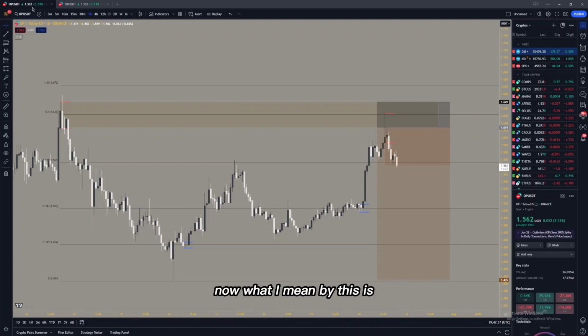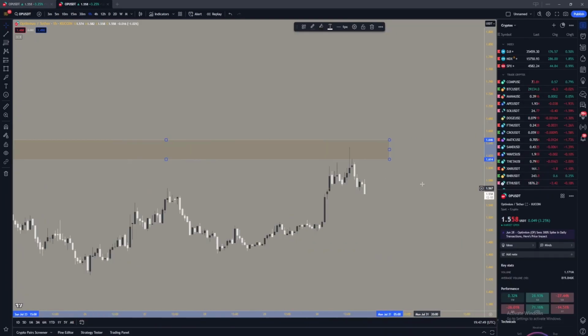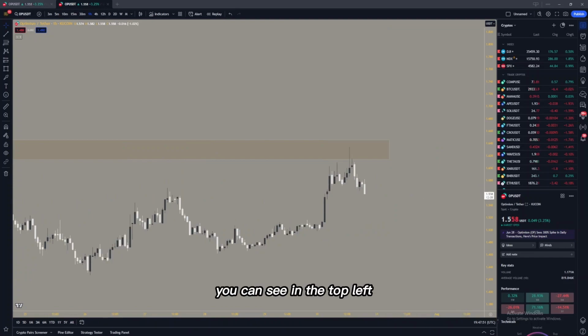Now, what I mean by this is, you can see here we are on the Binance exchange, and you can see here that price is at 1.57, let's say, just moving quite quickly. And here, you can see in the top left, price is moving slower on KuCoin and slightly different.